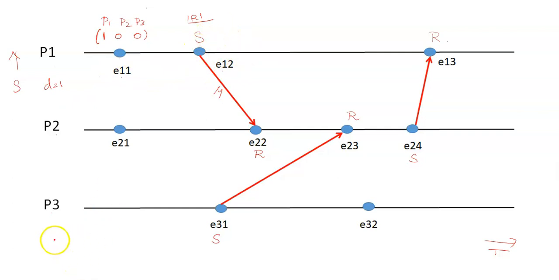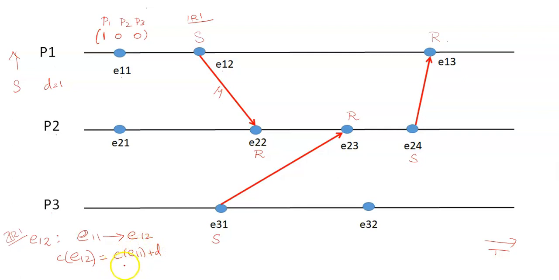So whatever I'll be writing here, E12 can be calculated by IR1. Here E11 happened before E12. So the clock of E12 is equal to the clock of E11 plus D.